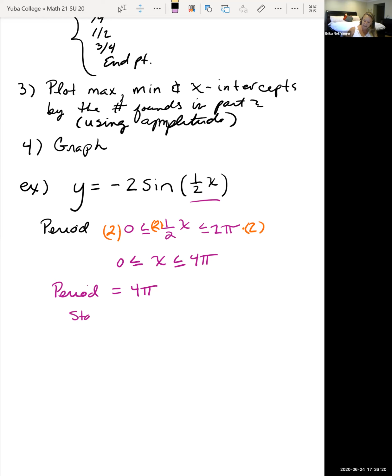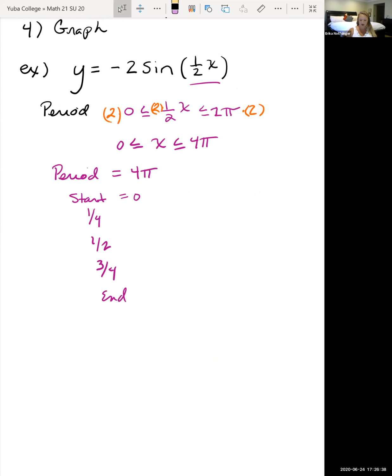Our start value, we're starting at 0. Our end value, let's just write quarter, 1/2, 3/4, and end. Well, our length is 4 pi, and we're starting at 0, and so our end value is 4 pi for 1 period.